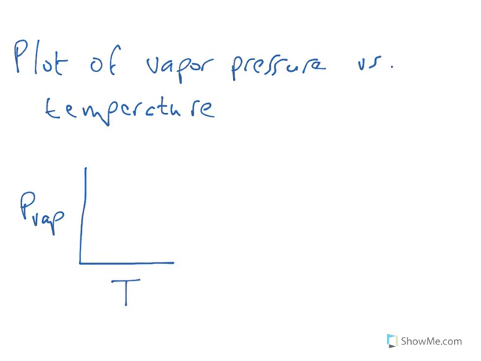So we know water, and this curve will be for water, is going to boil at 100 degrees C when we're at atmospheric pressure. Atmospheric pressure is defined as 1 atmosphere or 760 millimeters of mercury. Those are interchangeable units there.